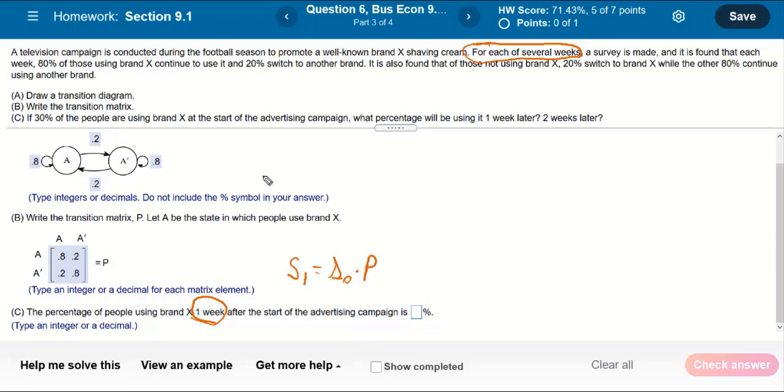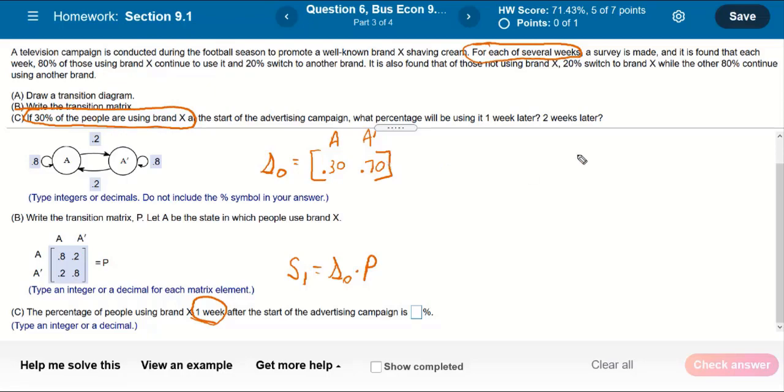We're told that in the beginning, 30% of the people were using brand X. So our initial state is going to be, here's the ones that are, here's the ones that are not, and this would be 30%, meaning this has to be 70.